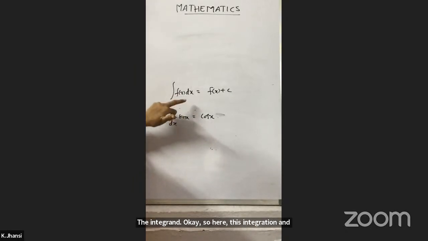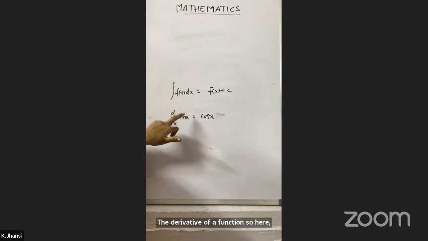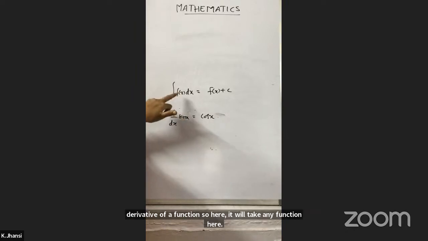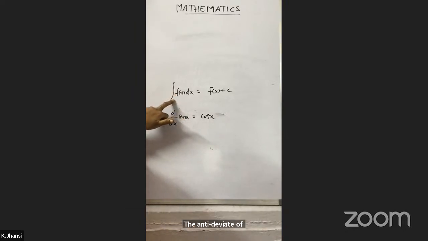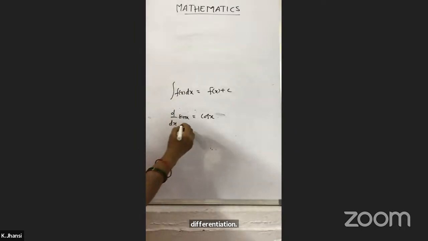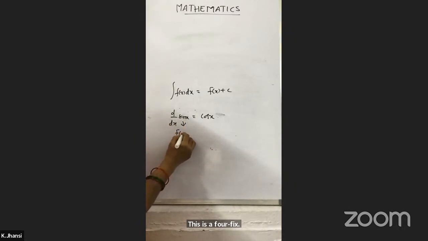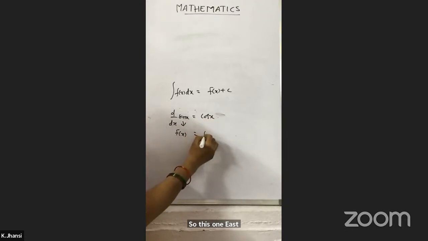The antiderivative of a function. So here if you take any function, the antiderivative of this function is related to differentiation. Okay, so here, this is f of x, and this is capital F of x.